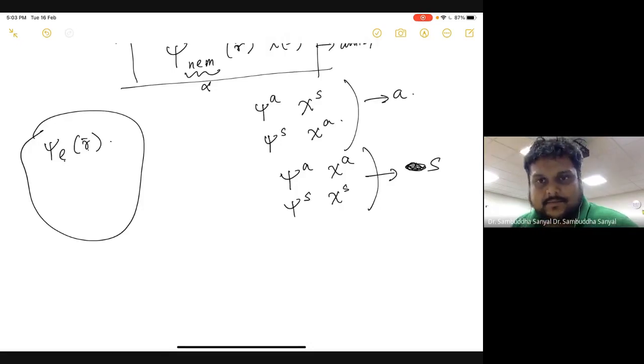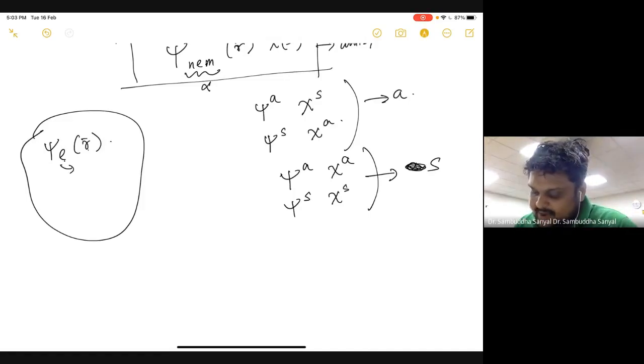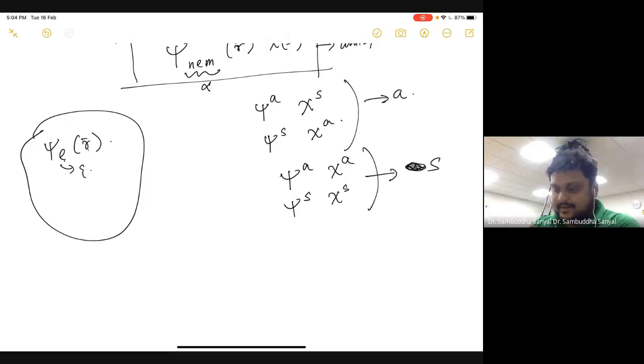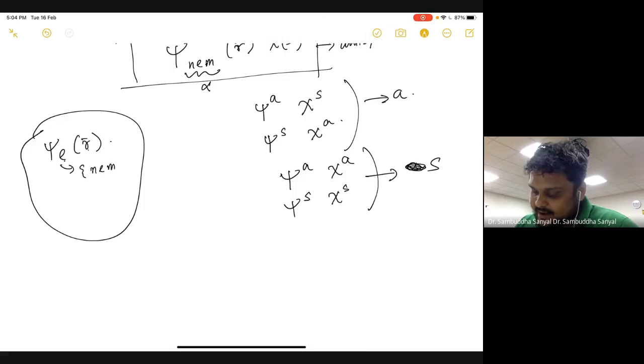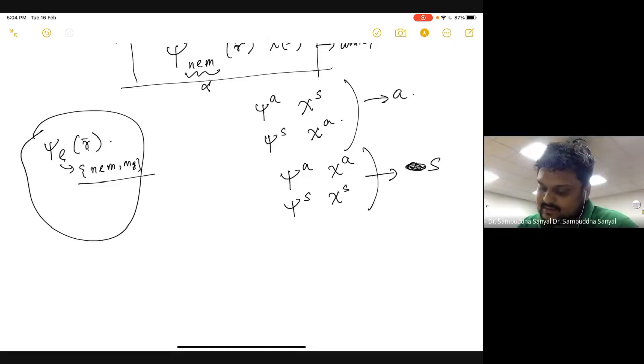Now this thing can be made of a tuple, a bunch of numbers. So this label need not be one number, because this orbital is completely specified. For example, for a hydrogen atom problem, this is made of n, l, m, and m_s. So this is made of four integers.